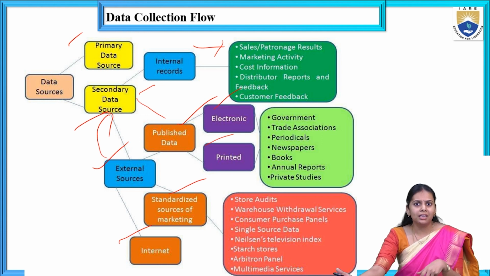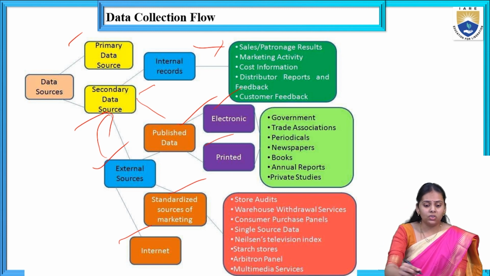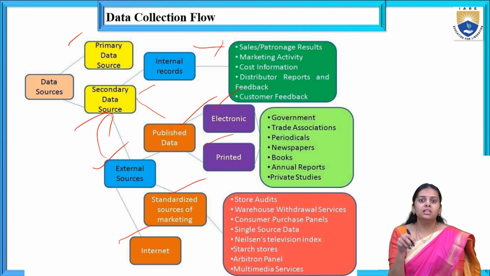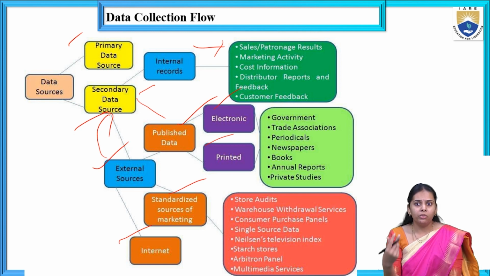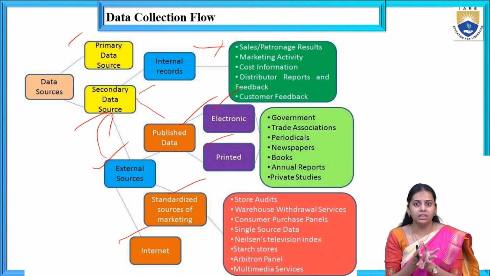All these feedbacks come under internal records. The electronic and printed forms are generally tied up with government or trade associations, periodicals, newspapers, books, annual reports, or private studies.